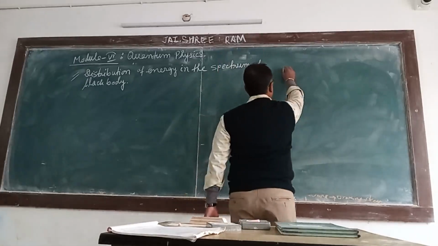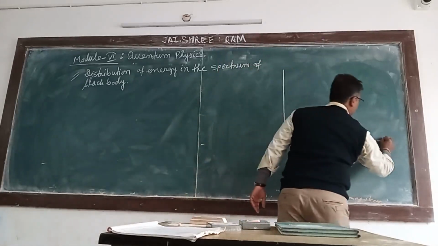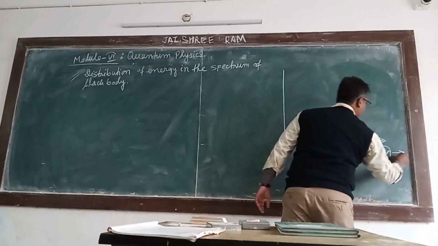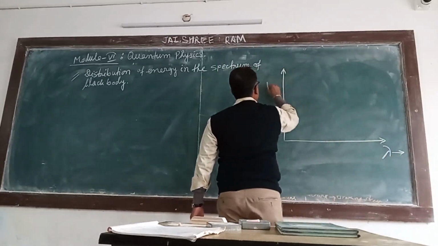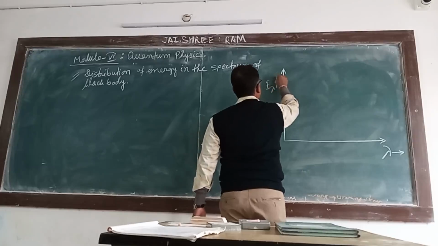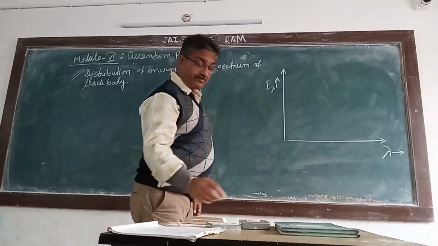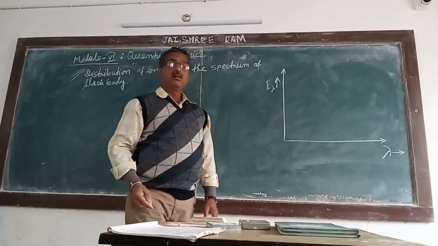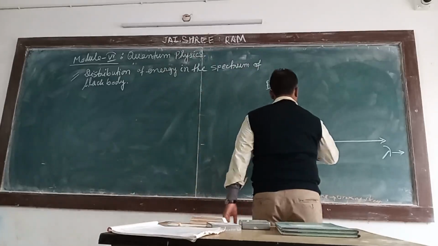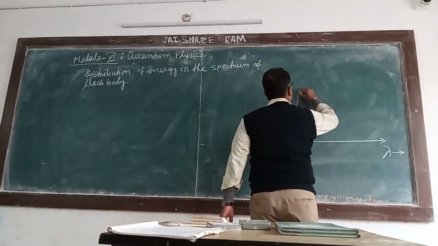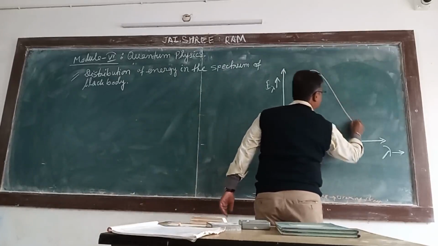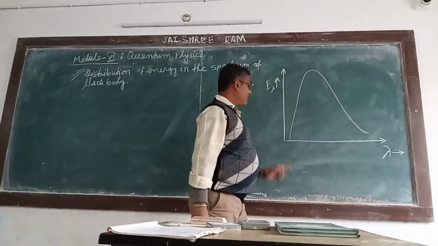So if we plot it like this, lambda is the wavelength and E lambda is the intensity of the radiation which is emitted. Then it emits all the radiation from 0 to infinity.